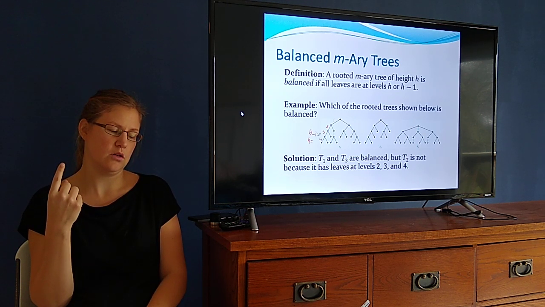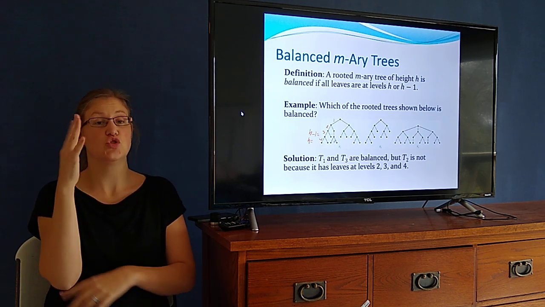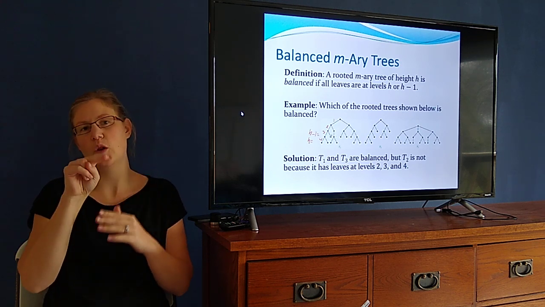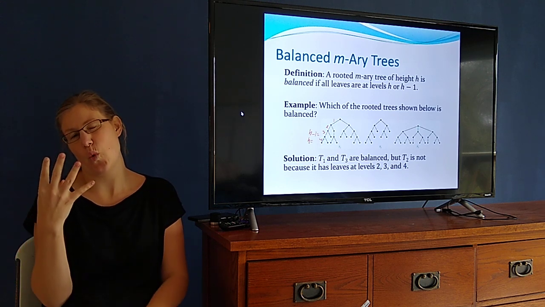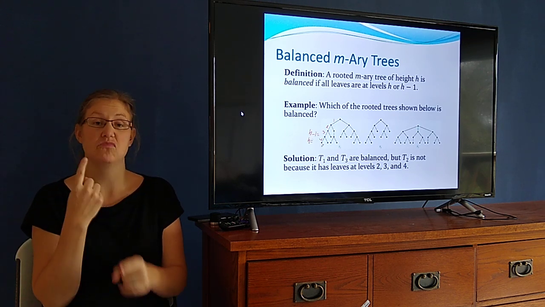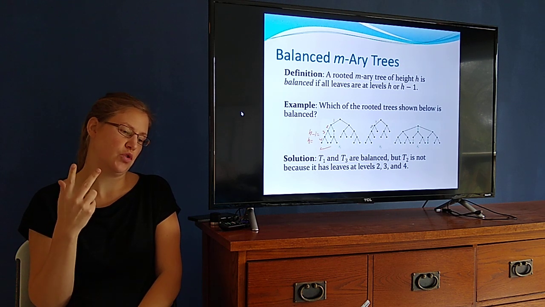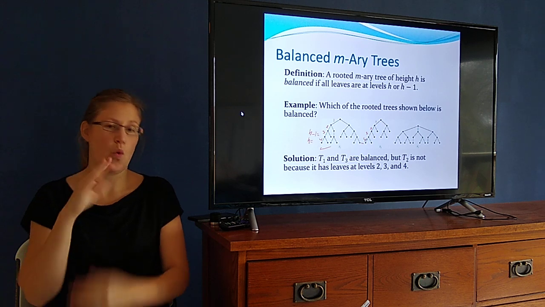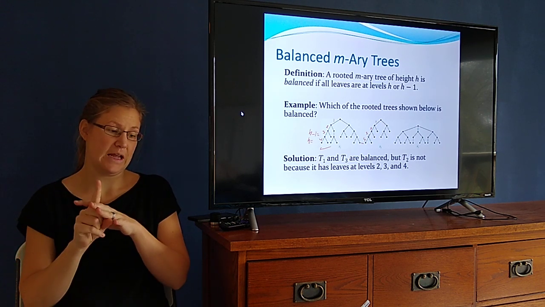Okay, so if this tree is balanced, then all the terminal nodes are at level or height 4 and 3, and this is correct. How about the second one? We have 1, 2, 3, and 4. So all the terminal nodes must appear at these levels, 4 and 3.